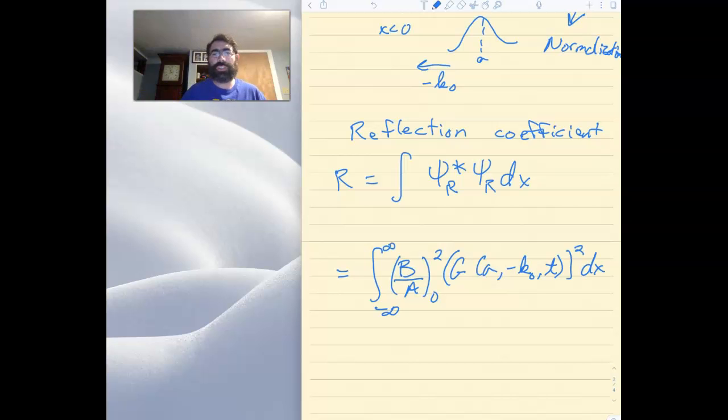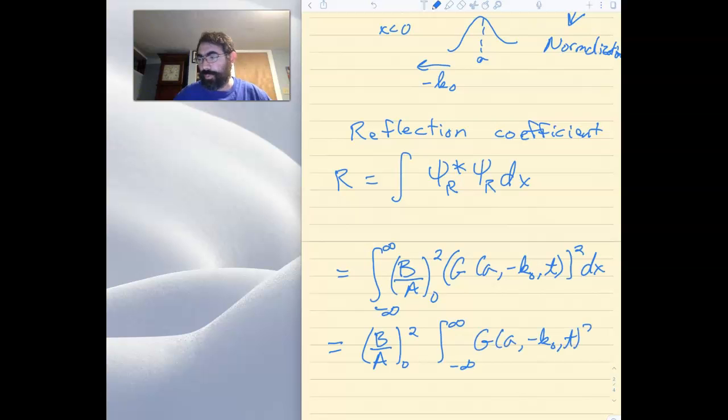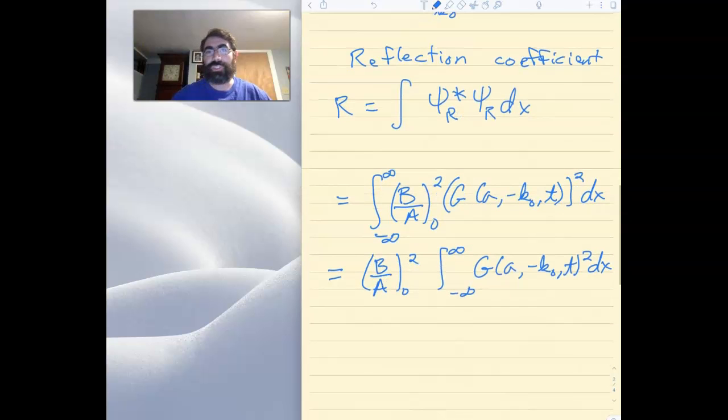The normalization is just a constant, so we can take it out front. We now have the integral over our Gaussian wave packet, which, if it's normalized, is essentially 1. So that means our reflection coefficient is just this ratio of the constants squared.